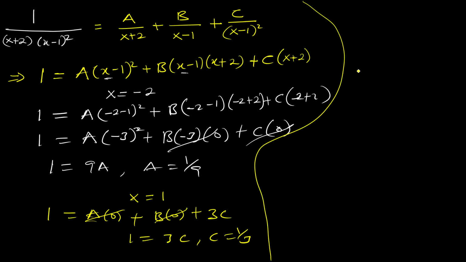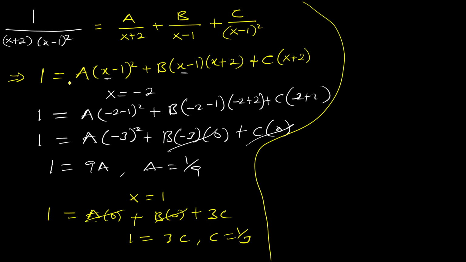All right. So let's look for the other variable. We are left with B. We know C and A, so we are left with B. Now this is what we are going to do.